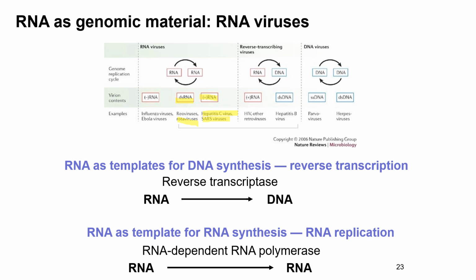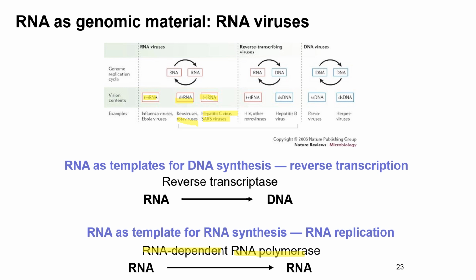The negative sense viral RNA is complementary in sequence to the mRNA and must be converted to positive sense RNA by an RNA polymerase before translation can occur. So it uses the RNA-dependent RNA polymerase.